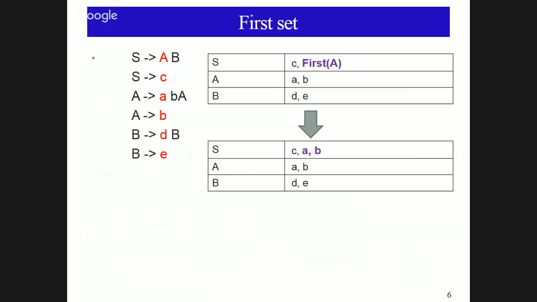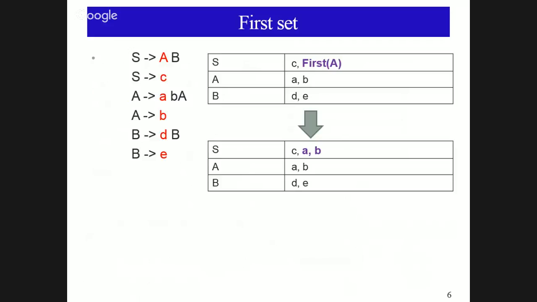I can almost see this right away since there are no lambdas, right? If I have rules that were 2 A's, 2 B's, 2 D's, 2 E's, or a rule where the big A also has C in it, okay?